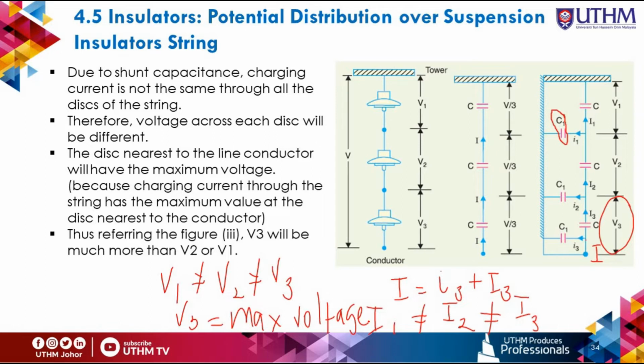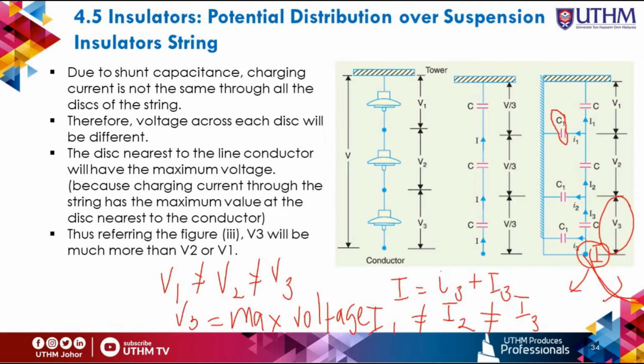Because the charging current through the string has the maximum value at the disc near to the conductor, I is also the maximum current because it is located nearest to the conductor, and after this it will connect to the conductor.